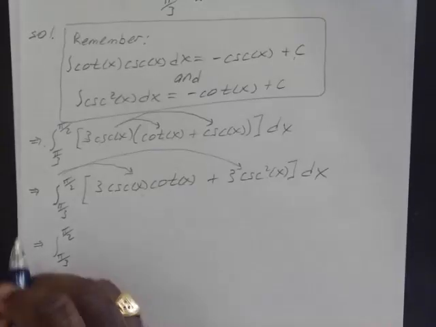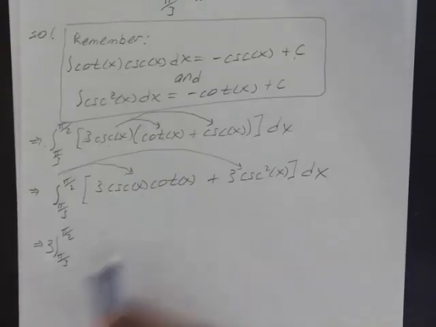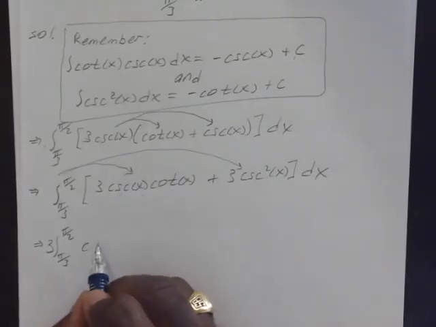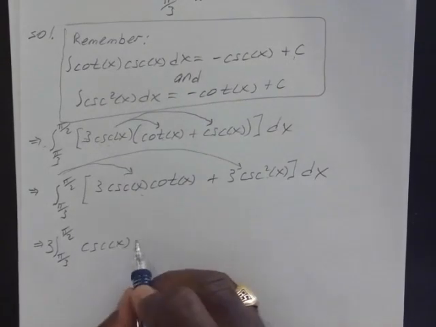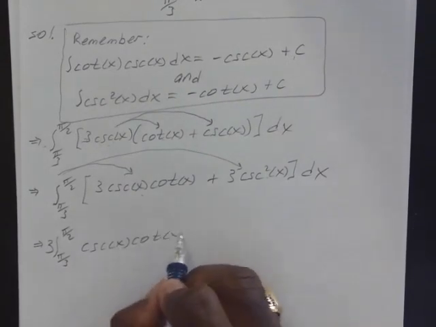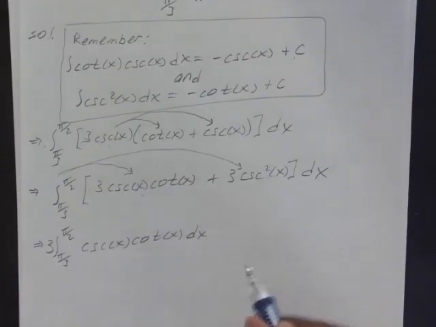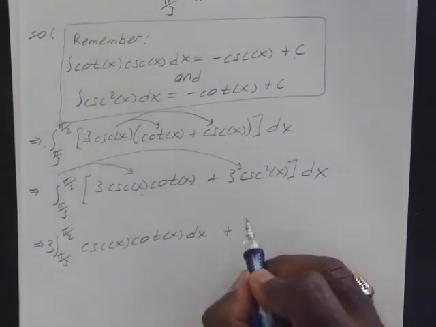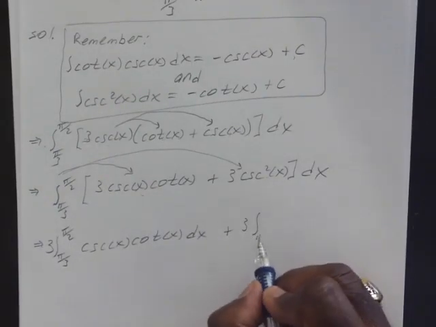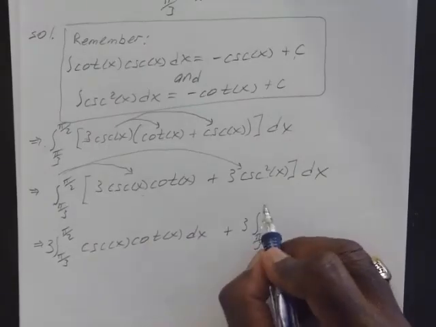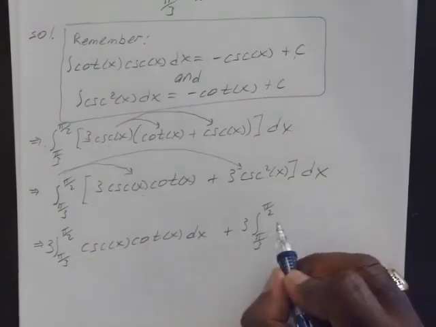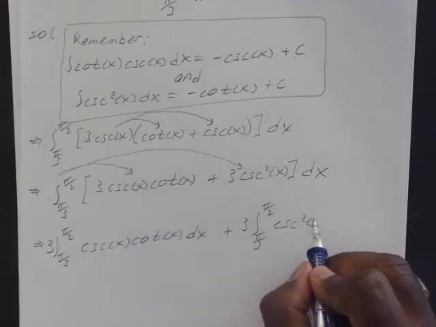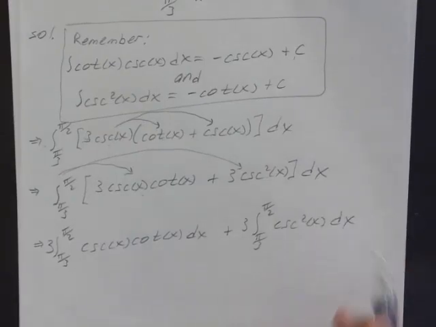Okay, so if we get that 3, again, we can factor that out to the front. We have the integral of cosecant of x times cotangent of x with respect to x, plus 3 times the integral from pi over 3 to pi over 2 of cosecant squared of x with respect to x.